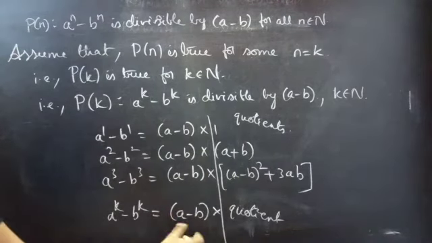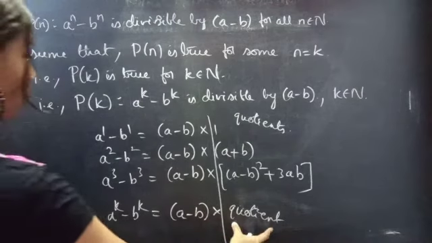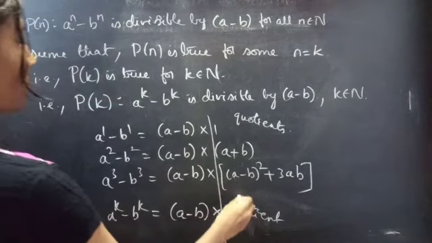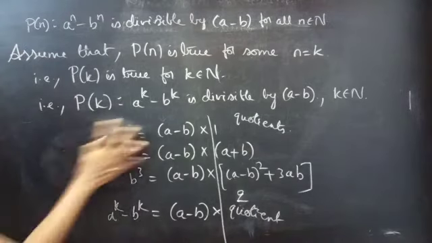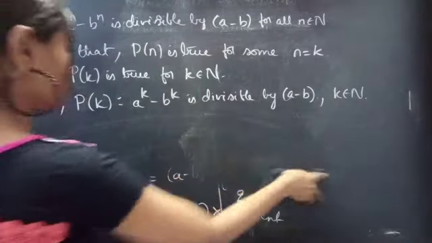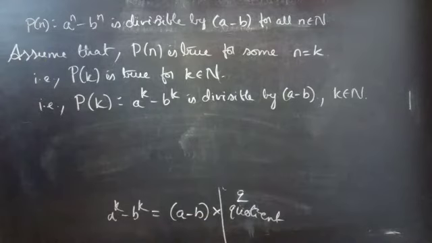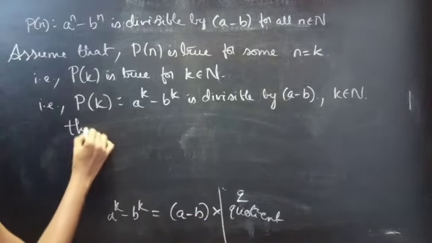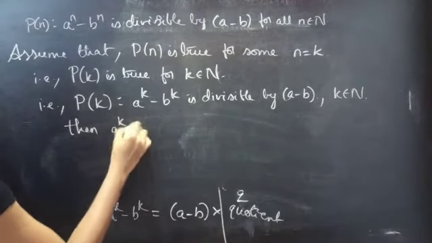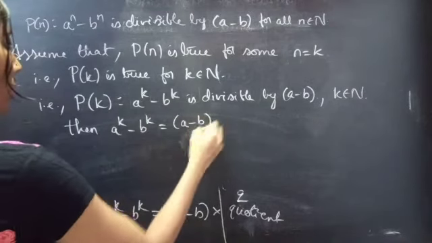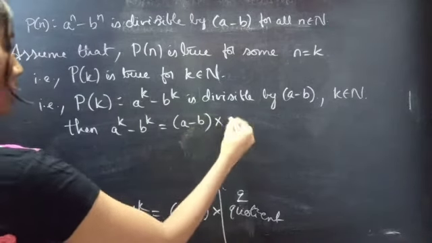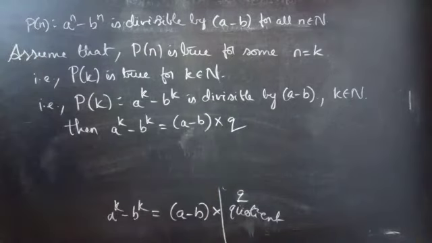Likewise for k also we'll get a minus b into some quotient. We can name this quotient with some q, say. Okay? Then a power k minus b power k will be a multiple of a minus b with some quotient.